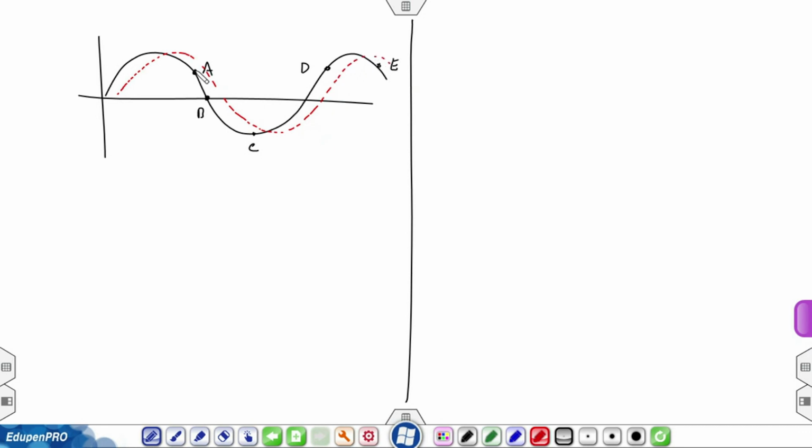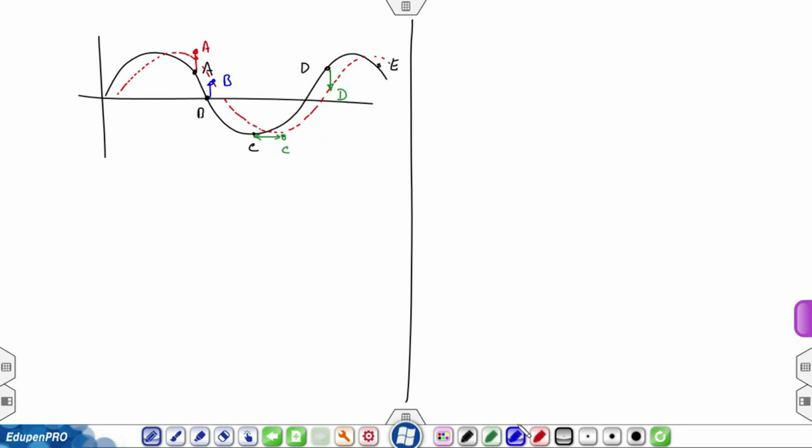So that point A has moved up, point B has moved up, point C has remained where it is, point D has moved down. So, the speed of D is down. So, you see this is very specific to the wave moving to the right.